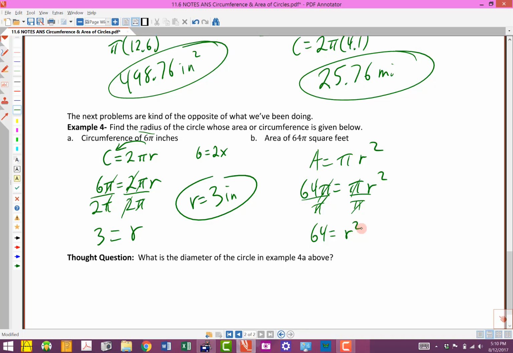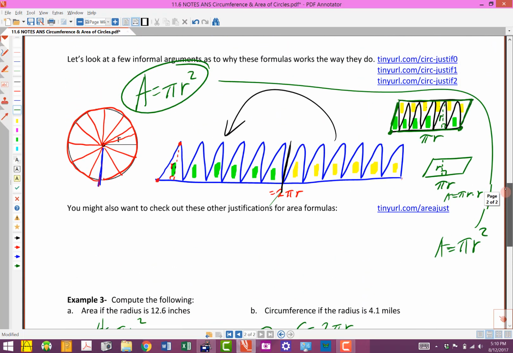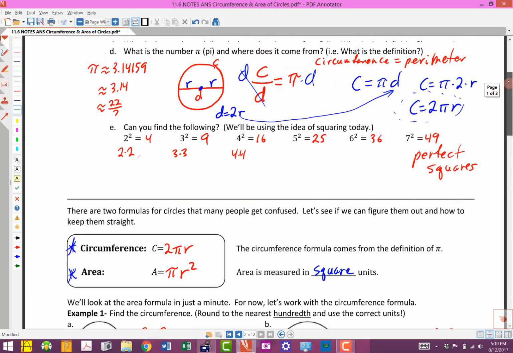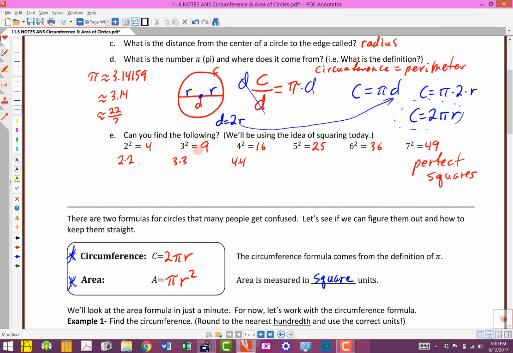So stop and think for just a second. We're going to take whatever number the radius is, and we're going to square it, and we're going to get 64. Now remember, if we come back up here and look at that warm-up question where we're talking about perfect squares, 2 squared is 4, 3 squared is 9, and so forth. Well, let's see, the next one would be 8 squared, and 8 squared would be 64.